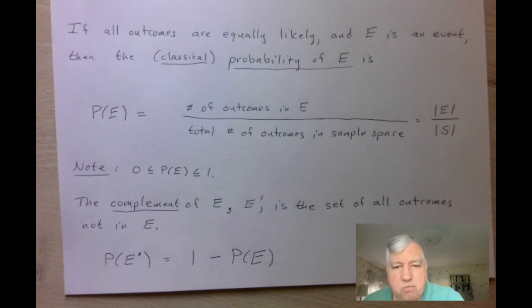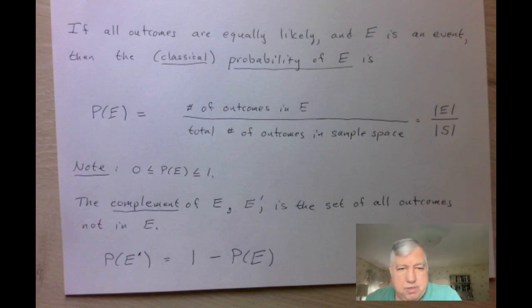It can't be any bigger than 1, and it can't be any less than 0. It would be incorrect to say that the probability of some event is 30%. No, instead we would say the probability is 0.3.